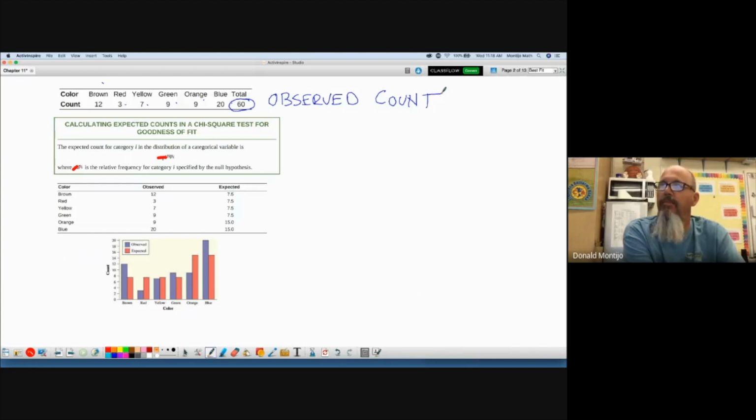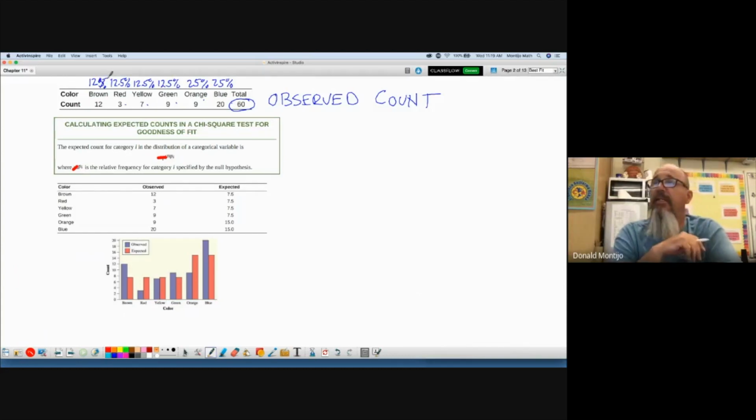Now, we needed to figure out how many we expected to have. The M&M company claims that 25% of their candies are blue, and they claim that they make 25% of their candies orange, and they claim that 12.5% are green, 12.5% are yellow, 12.5% are red, and 12.5% are brown.